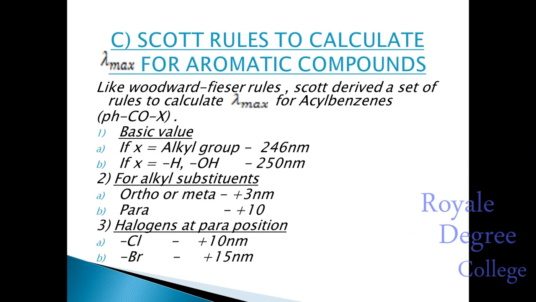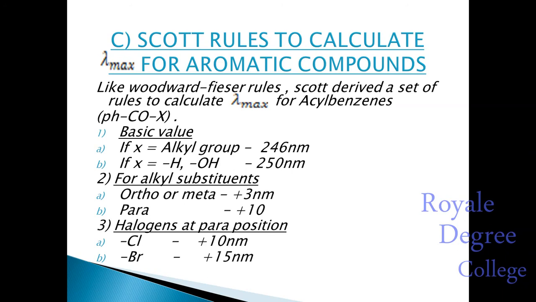Now we'll see the Scott rule to calculate lambda max for aromatic compounds. Like the Woodward-Fieser rules, Scott derived a set of rules to calculate lambda max for acyl benzenes. Acyl benzene is nothing but PhCOX. Again, you have to remember these values for doing the problem. If X is an alkyl group, the basic value is 246 nanometer.